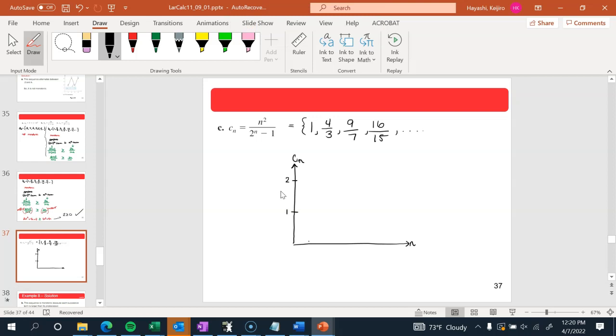And then n is 1, 2, 3, 4, 5 or so. So with n being 1, we get 1, so we can plot that term of the sequence right here. With n being 2, we get 4/3, which is 1 1/3, so that's about here. And then 9/7 is 1 2/7.